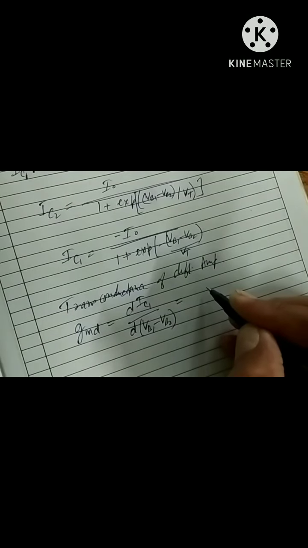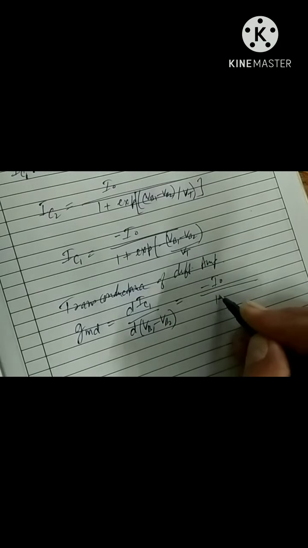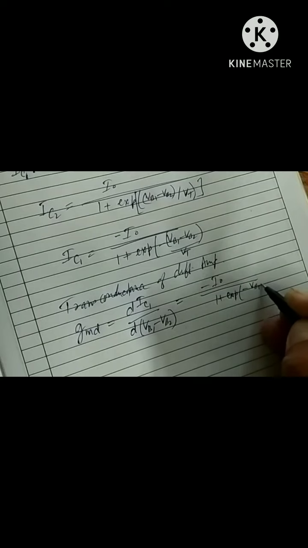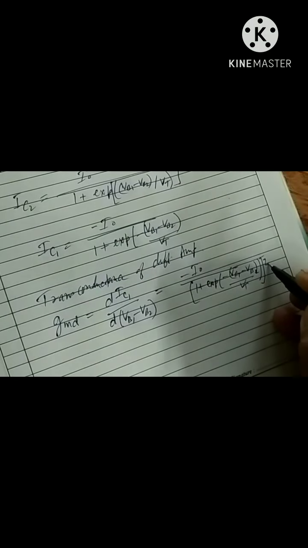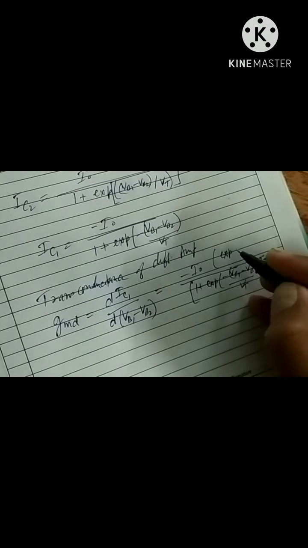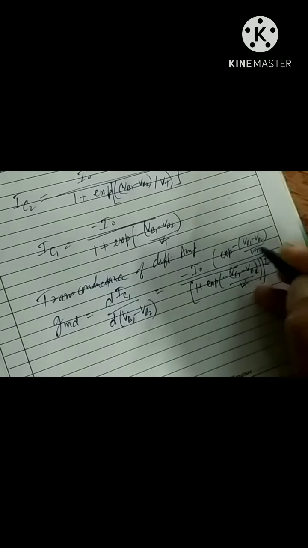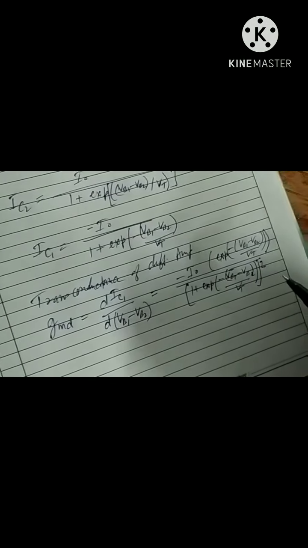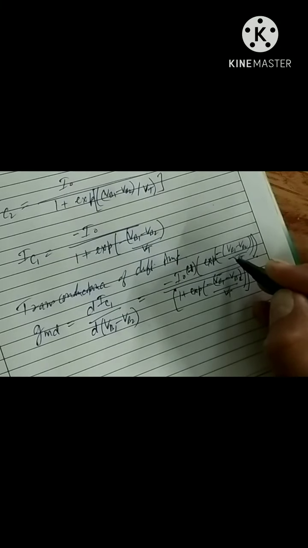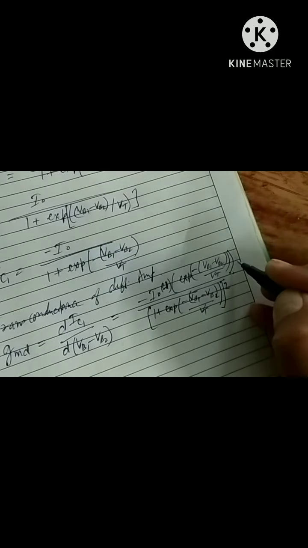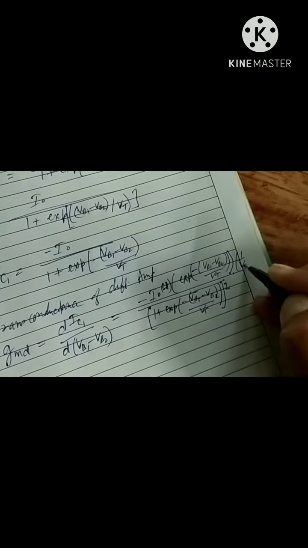So it will come out as minus I naught, differentiate this, divided by 1 plus exponential, this will become square, and then differentiation of this, which is exponential minus VB1 minus VB2 divided by VT, and a factor of minus 1, and again differentiate this, which will be 1 by VT.